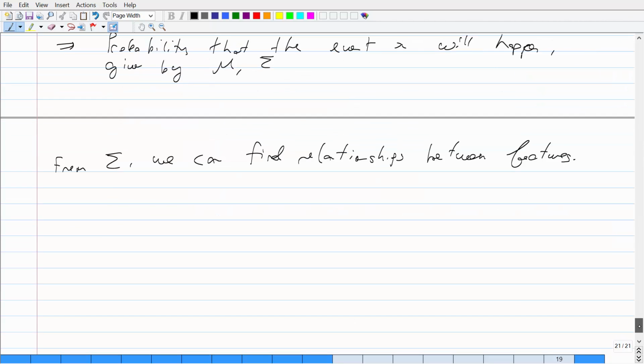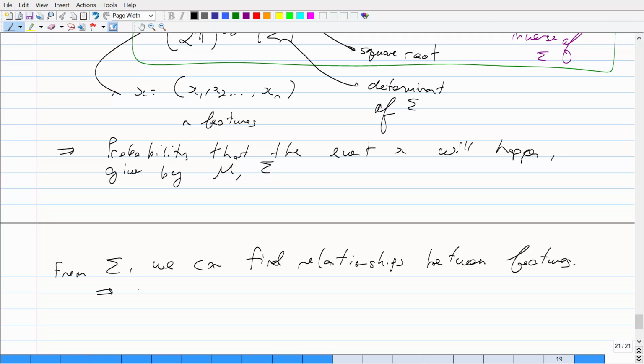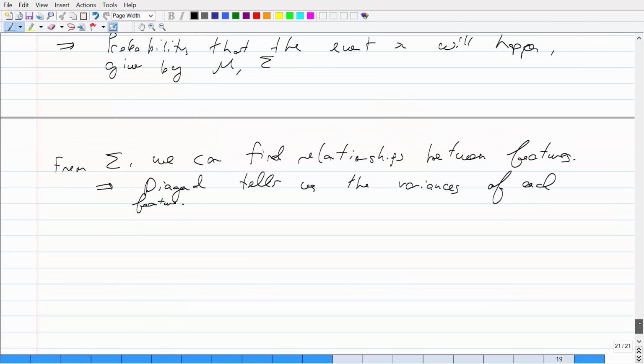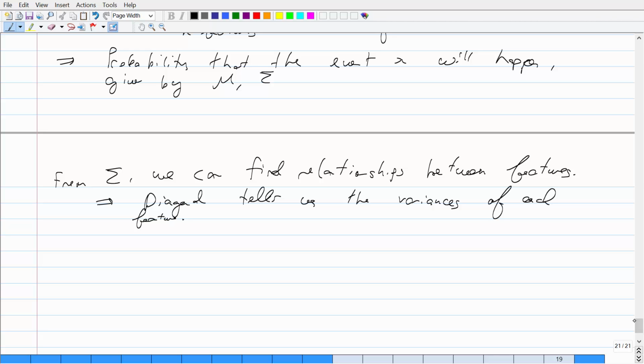Okay? So the diagonal tells us the variances of each feature.